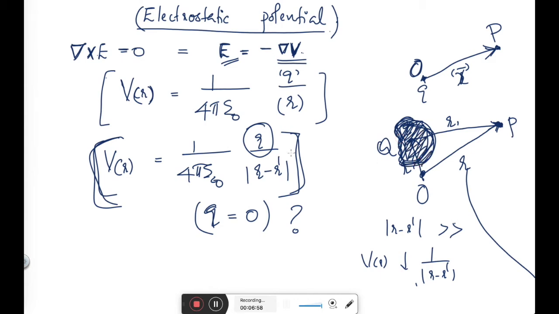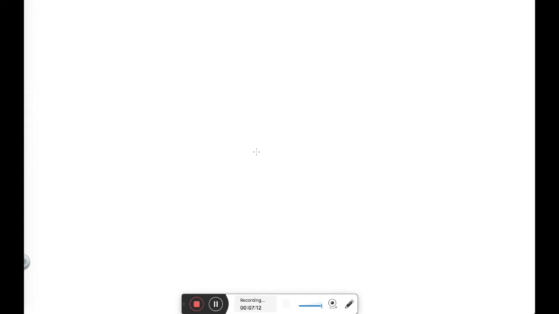But what we are looking into more deeply is this: if you have a charge distribution with Q equal to 0, will the potential really be 0 at a large distance just because Q equals 0? Why ask this? Because consider a physical electric dipole, equal but opposite charges separated by a distance d.